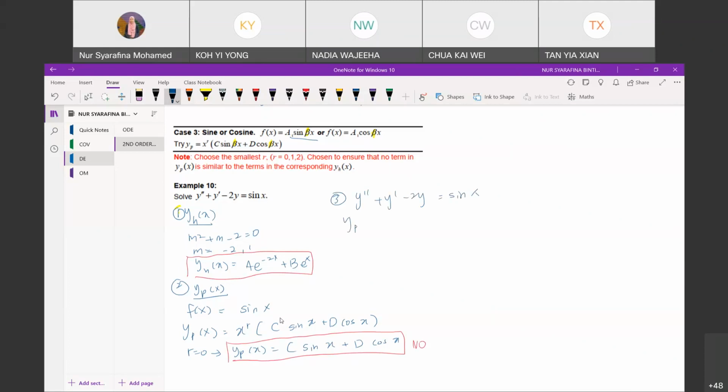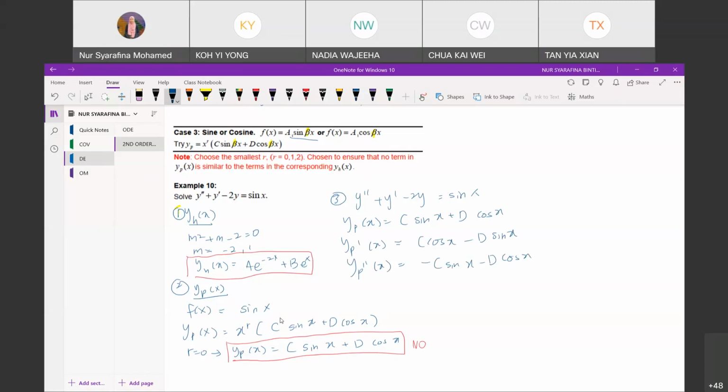Your yp equals c sin x plus d cos x. Yp prime should be c cos x minus d sin x. Yp double prime is minus c sin x minus d cos x. Differentiate everything, then substitute.